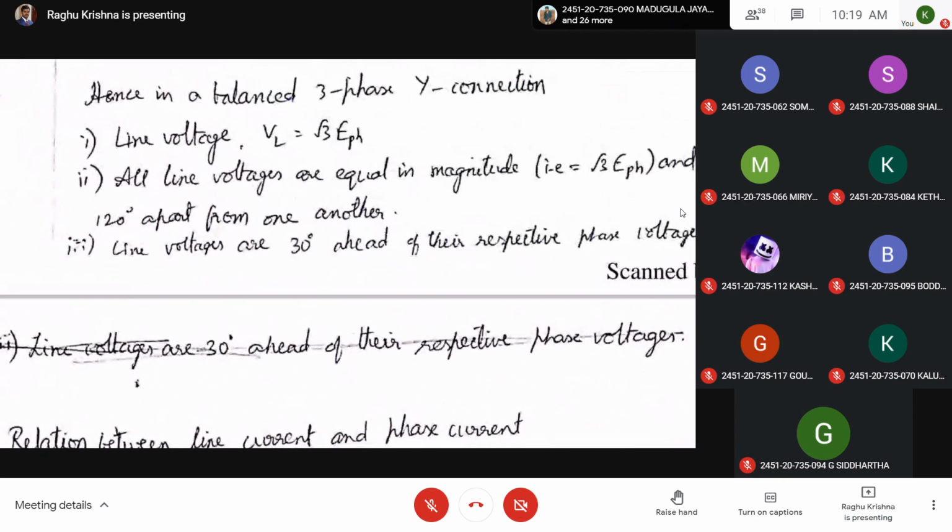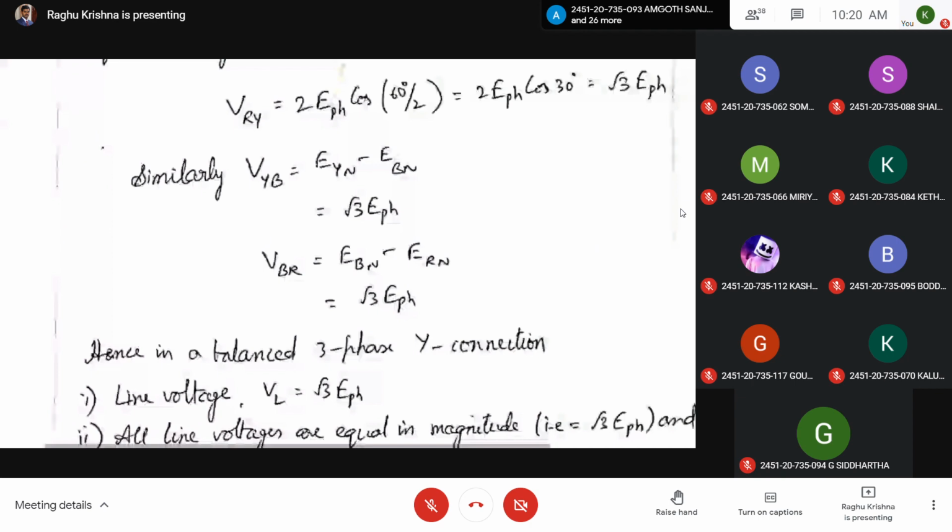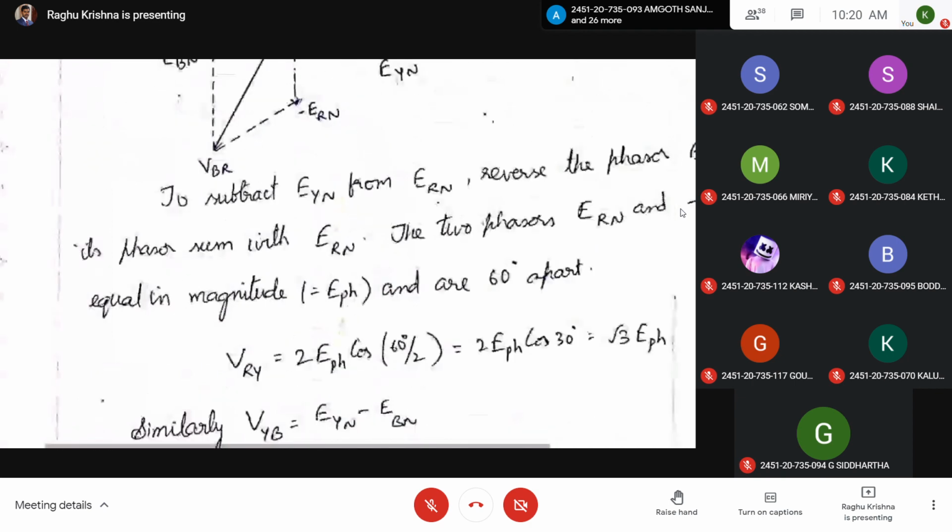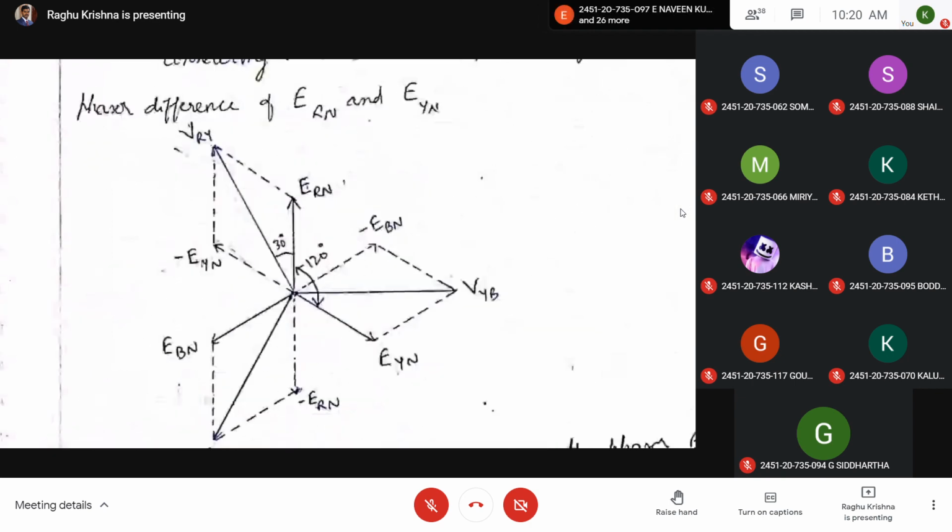Next, line voltages are 30 degrees ahead of their respective phase voltages. So here you can see. Let us take the vertical line, the phasor which is vertical, that is ERN.